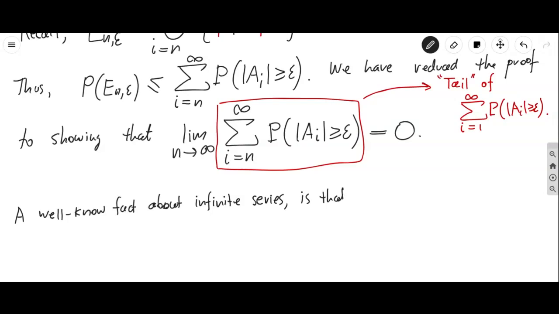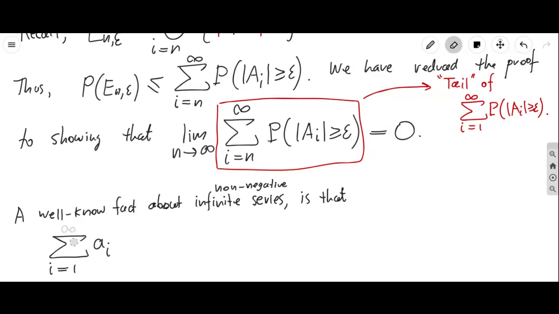So a well-known fact about infinite series is that if an infinite series converges, actually it goes both ways, so a series of numbers. And let me be very careful here. When you're working with infinite series, when you're working with non-negative infinite series, they generally behave a lot better. When you have positive and negative numbers, sometimes strange things happen. But here, these are probabilities after all.